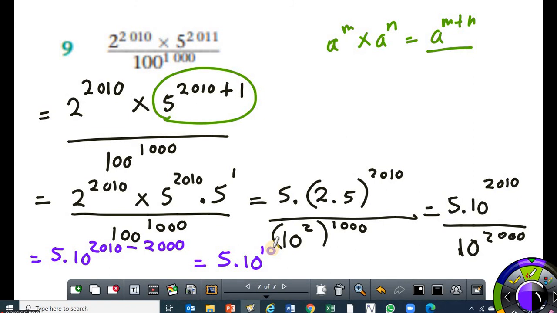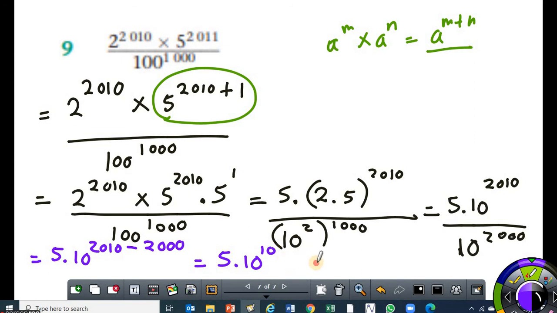Then, from here, the only way I can carry on is that, you see that this is a base of 5, that's a base of 10. I can simplify this base of 10 into 5 times what? Times 2. Okay? I can simplify this further. So allow me to do that.